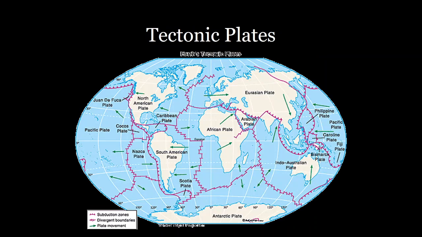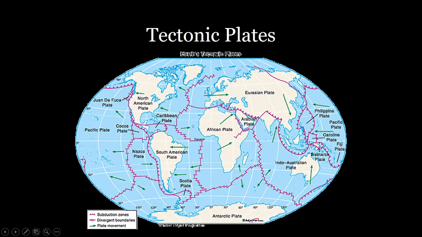So the idea of plate tectonics was born, and the idea states that you have these brittle continents that are moving along the surface of the Earth and can move in relation to each other.